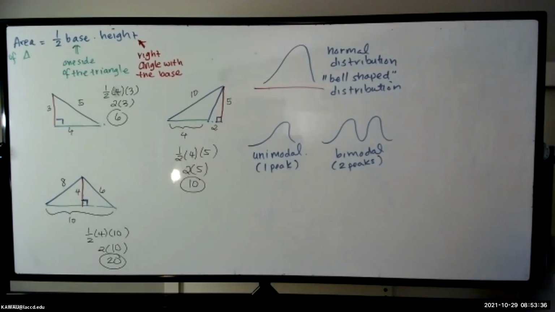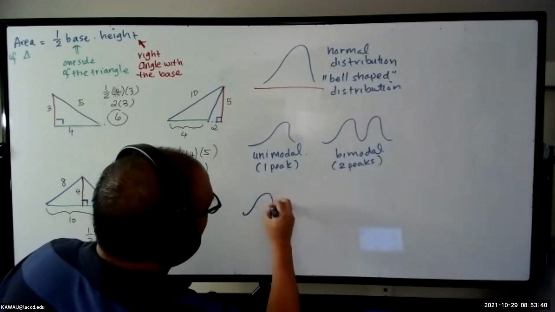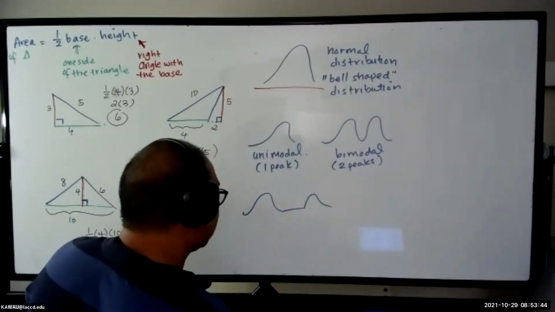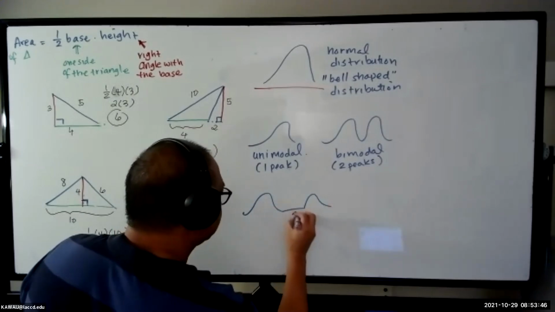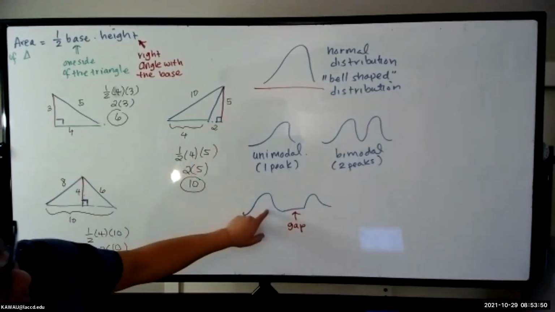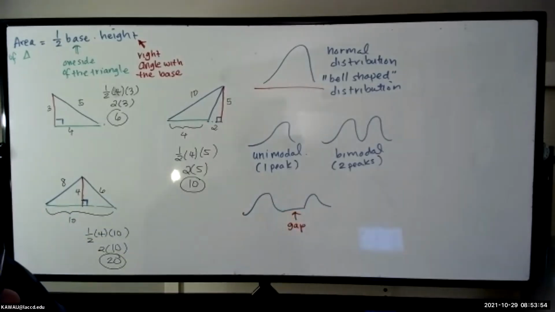And then I can have something like this, where this right here is a gap. Meaning I have a whole bunch of people here and a whole bunch of people here, nothing in between. That's a gap.